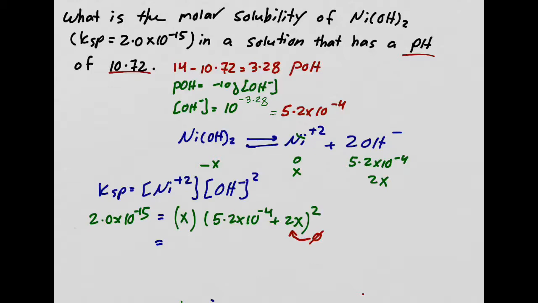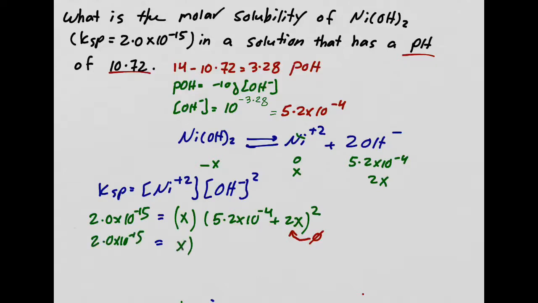So if I do this, what my x is going to be, and don't forget, let me actually do the math because I want to make sure everyone's on the same page. So I have a Ksp of 2.0 times 10 to the minus 15.